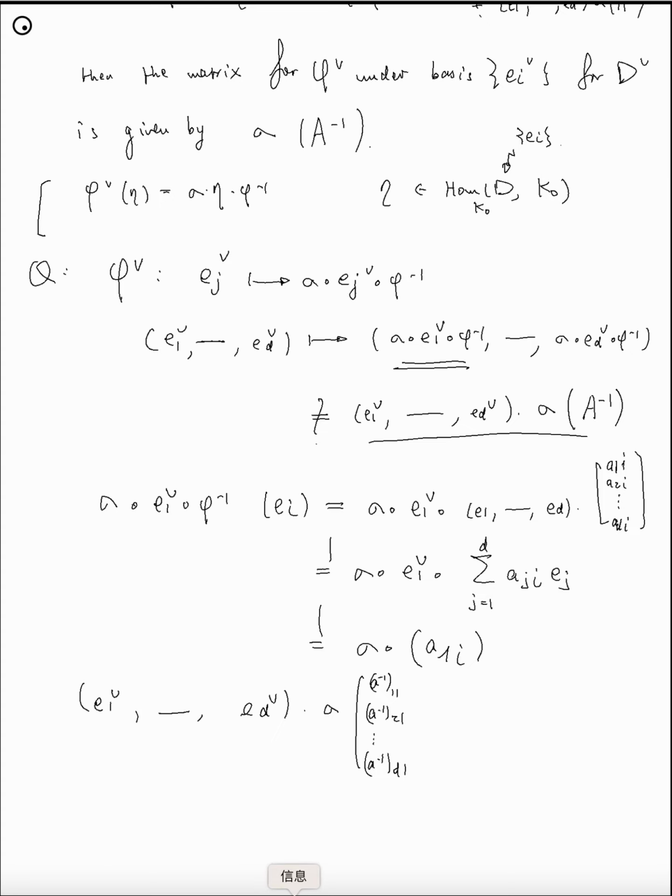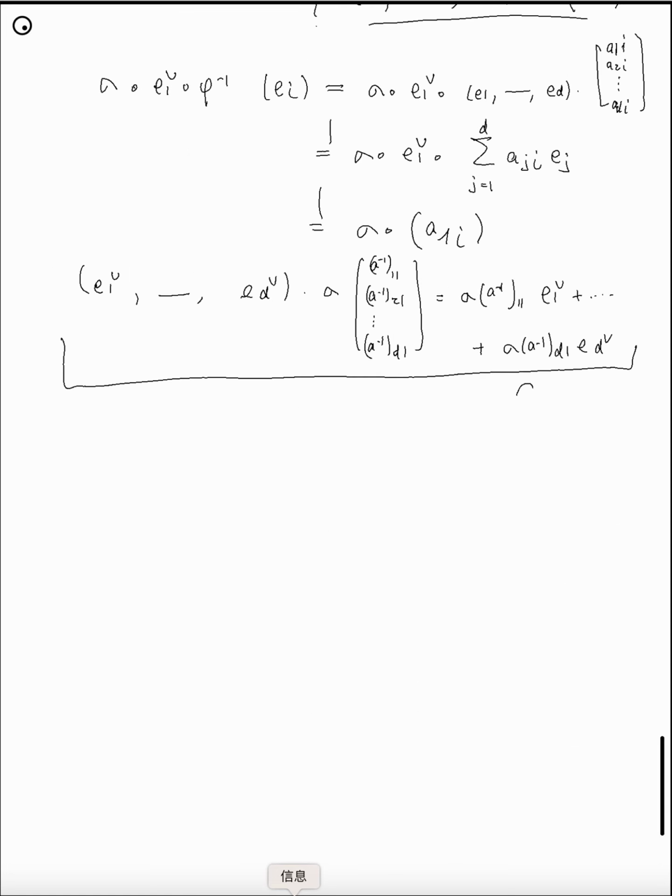It gives you sigma A inverse 11 E1 du plus sigma A inverse D1 ED du, and this applies on EI.